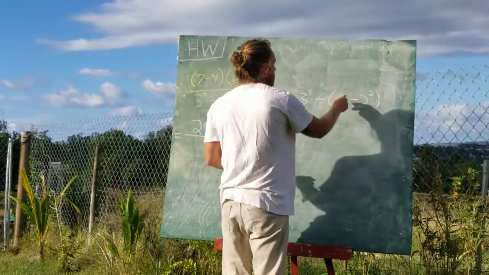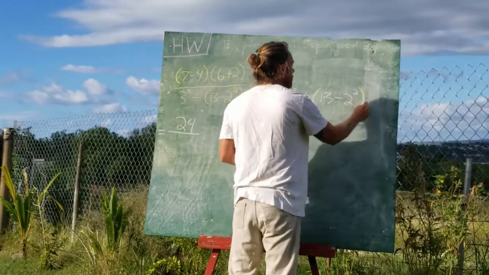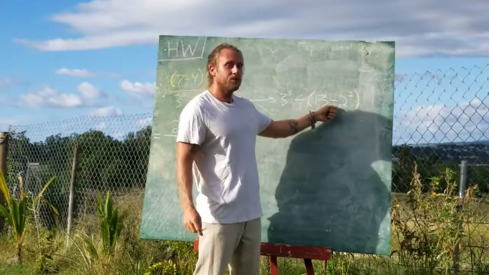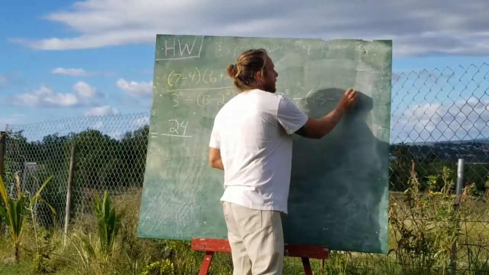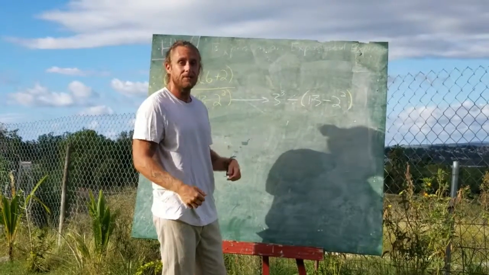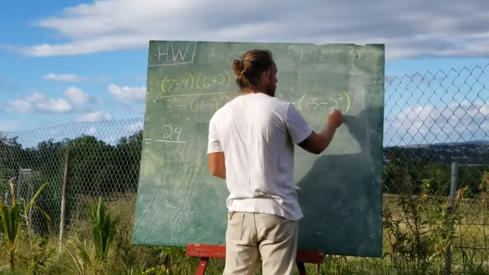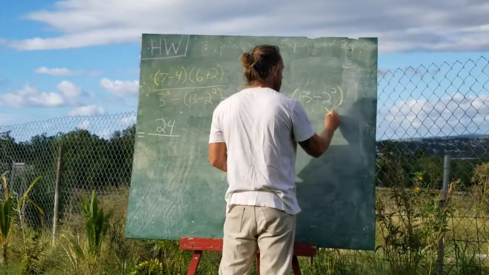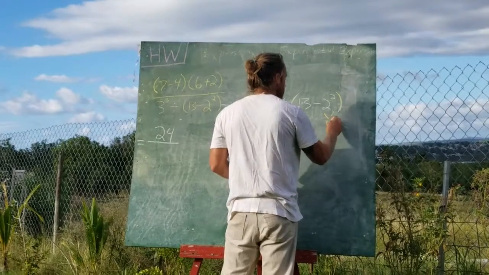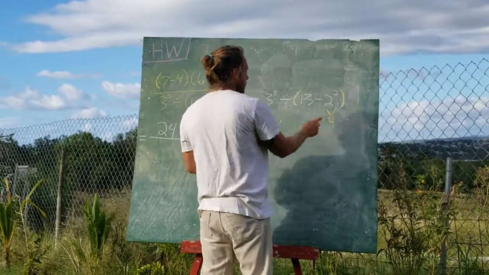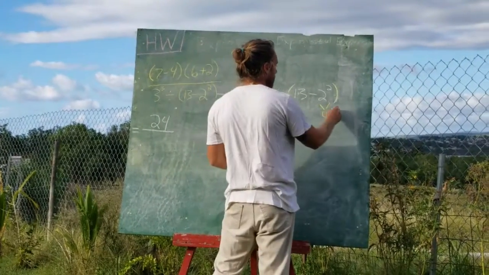We've got parentheses, so we'll work within this region. Do we take 13 minus 2? Well, no, not yet. We've got this exponent we have to deal with. After grouping symbols, we simplify exponents and roots. So 2 times 2 is 4. Simplify that nice little exponent. Bring everything else down.